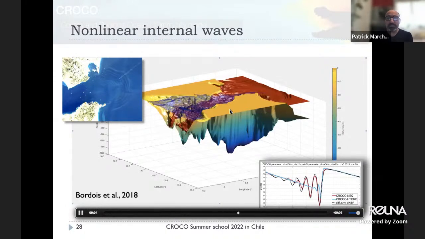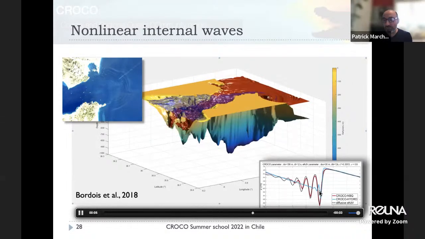And this is the kind of dynamics that we want to catch with the model within a realistic simulation. Here at the bottom, you see the comparison with the KdV equation again, the one that I mentioned before. And you can see that we reproduce with the model the KdV dynamics pretty well.